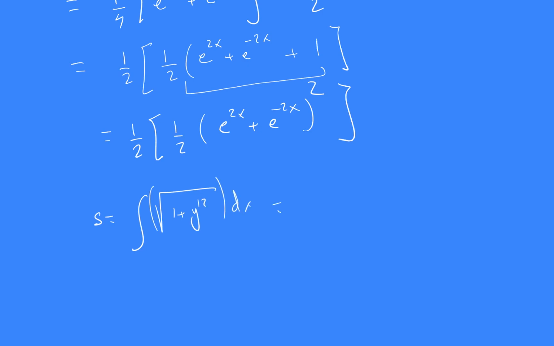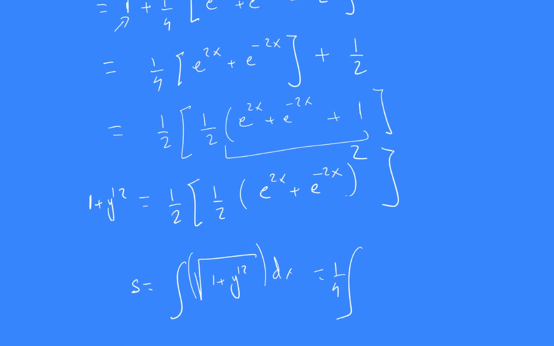Now it will be this integral, the 1/4 will be out, and this is 1 plus y prime squared. Let me check. Yeah, this is 1 plus y prime squared, so it will be the square root of this.